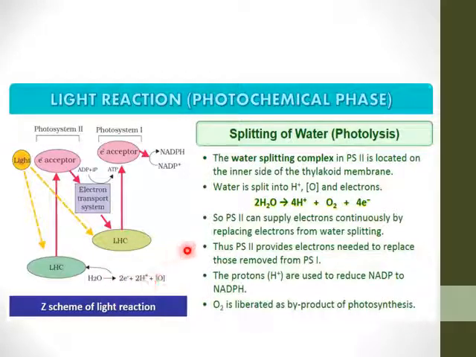So PS2 can supply electrons continuously by replacing the electrons from the water splitting. Thus PS2 provides electrons needed to replace those removed from PS1. The protons are used to reduce NADP to NADPH, and this oxygen is liberated as a byproduct of photosynthesis.